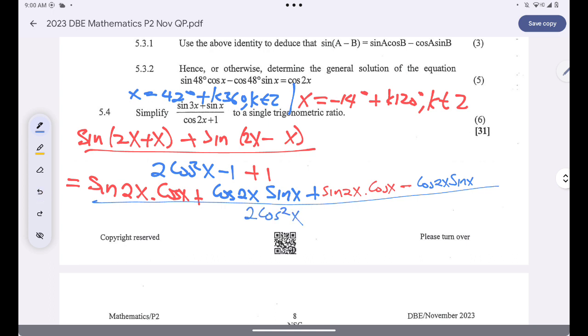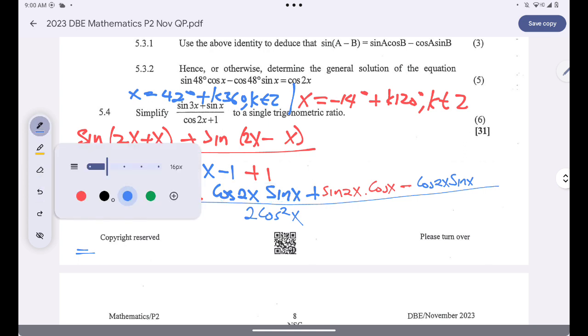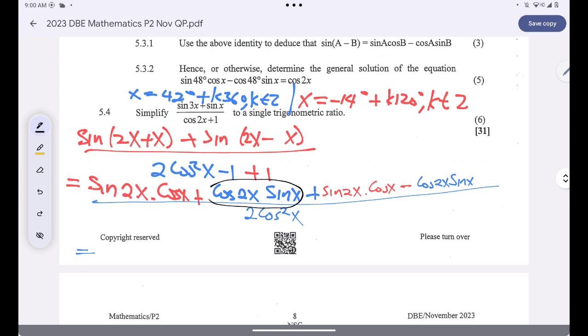Because the ones have subtracted, right? So this guy will subtract with this one, and then I'll be left with the same things multiplying one another, which is 2 sine 2x cos x all over 2 cos squared x.